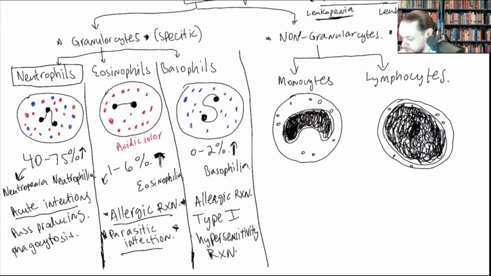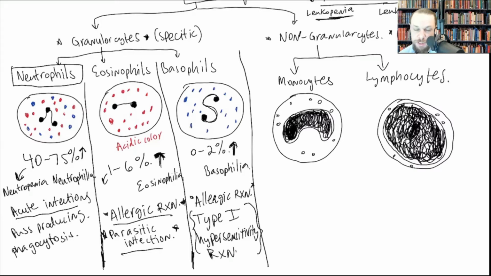So at these levels, this will be elevated. We see this, as I said, in type 1 hypersensitivity reaction, which we will delve into much deeper. And the nucleus here is usually an S-shaped nucleus.